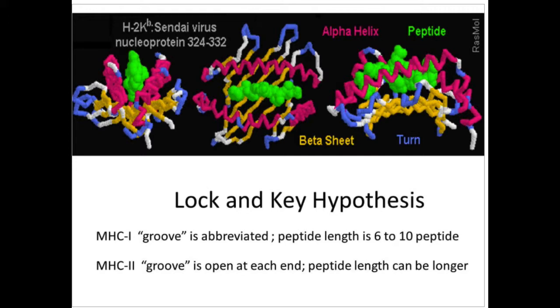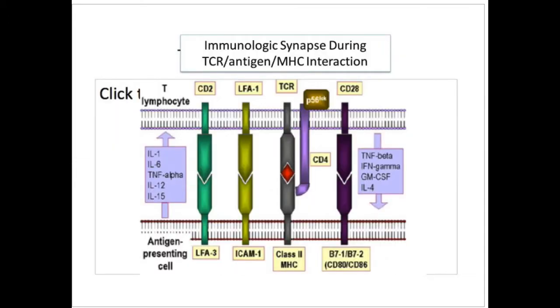Once the T cell activates with an accessory cell or some other cell, there is an immunologic synapse that occurs during T cell receptor antigen activation in conjunction with MHC interactions. As you can see here, on the bottom you've got the antigen presenting cell, on the top you've got the T lymphocyte, and you can see all these complementary regions. Each of these have specific functions and are very important in establishing a phenotype for the T cell.